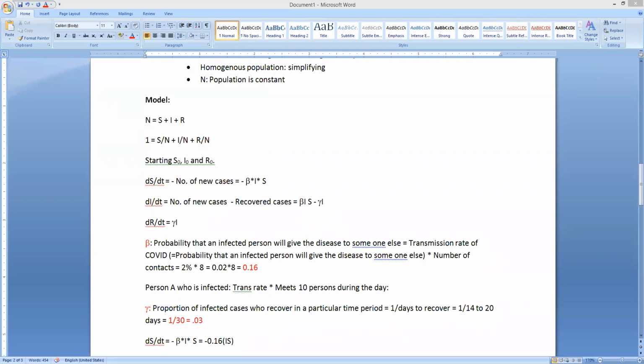So this is S0, recovered is 0, and I is found simply by class 1 minus this figure into class 1.